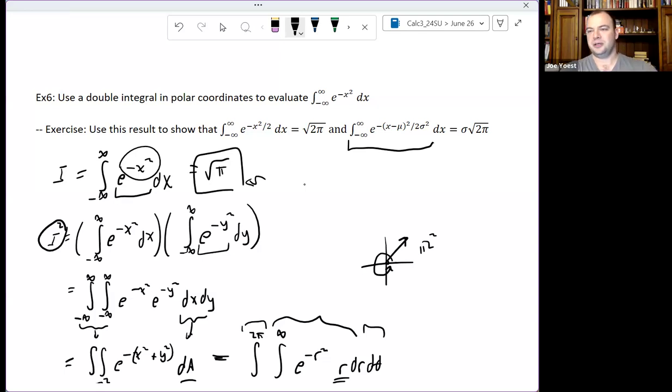And so it's important to know that this is the thing that we need to divide by to get an area under the curve of 1, right? If this integral is sigma root 2 pi, then the integral of this function over sigma root 2 pi is 1, and that's an important criterion in stats.